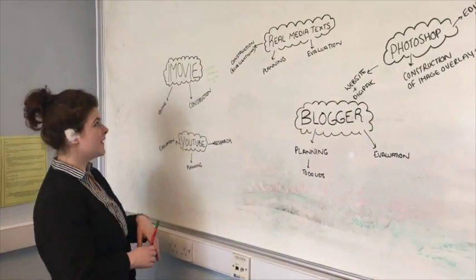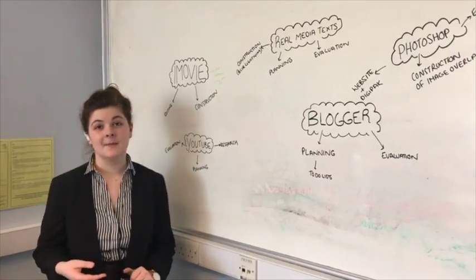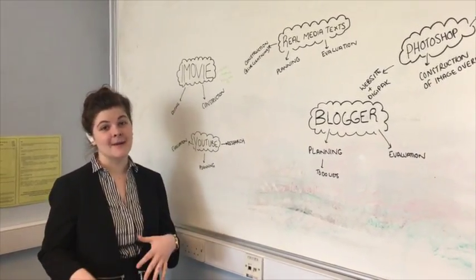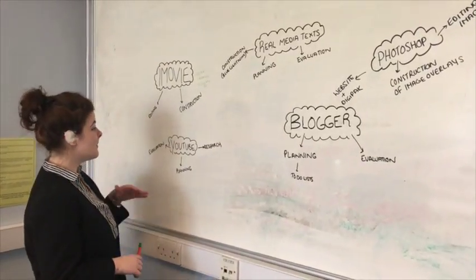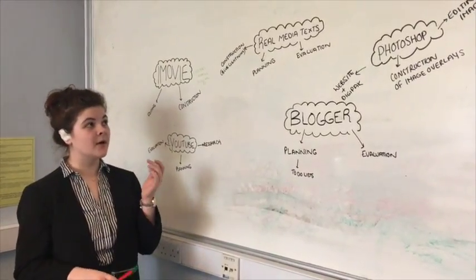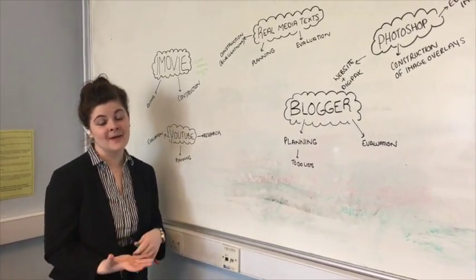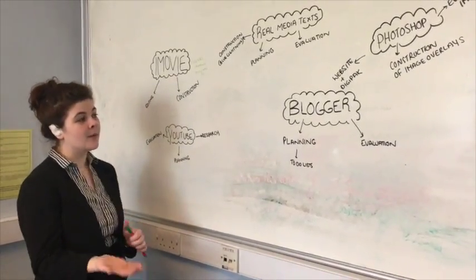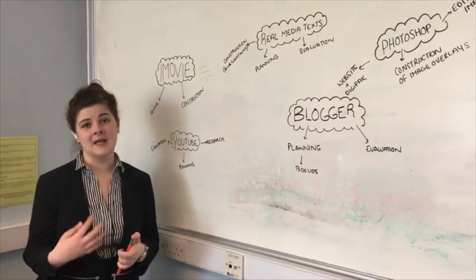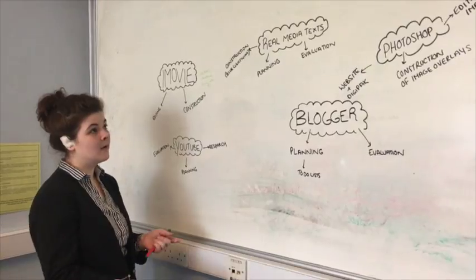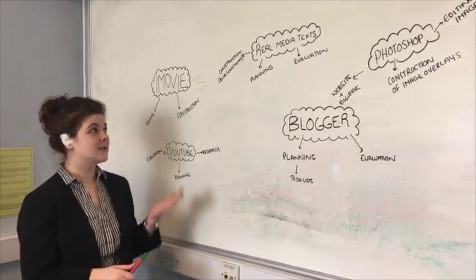So overall, these 5 technologies have really helped me to plan, research, construct and evaluate my main product and my ancillary texts. iMovie, YouTube and Photoshop were particularly important with the construction of my main product, my video, and Photoshop and real media texts were really important in the evaluation, construction and planning stages of all my products, as well as researching.